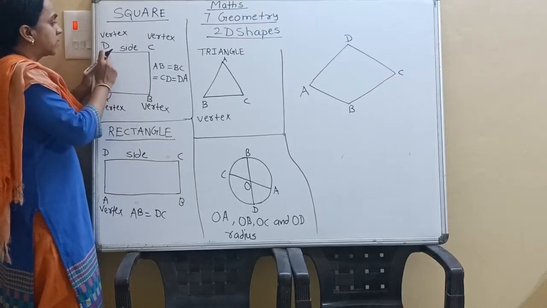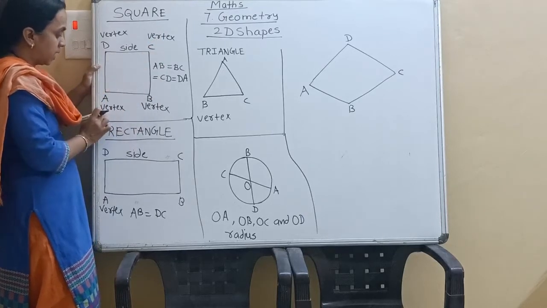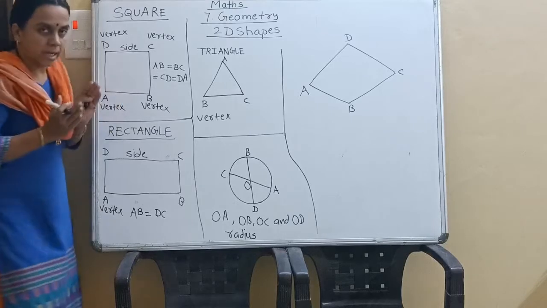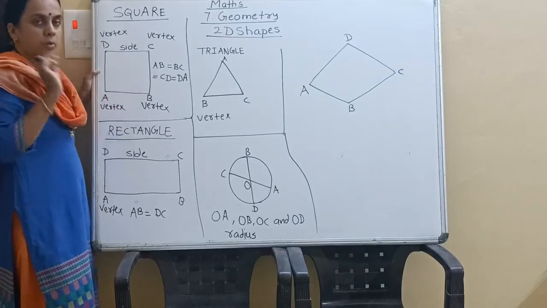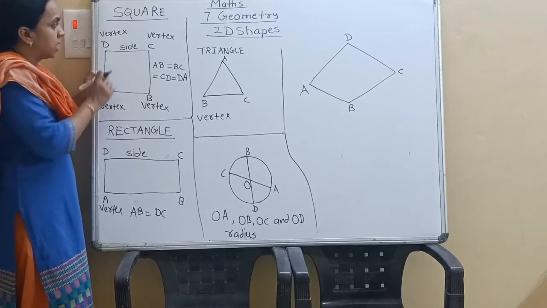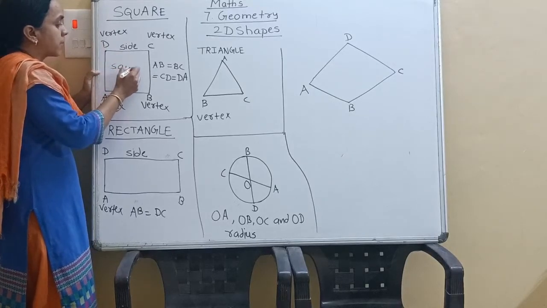This is vertex D, this is vertex C, vertex B, vertex A, because two lines join at one point. That point is called a vertex. So this is known as a square.